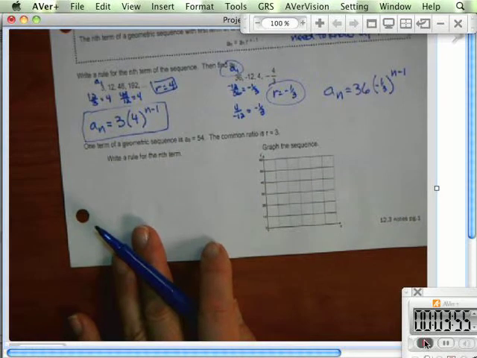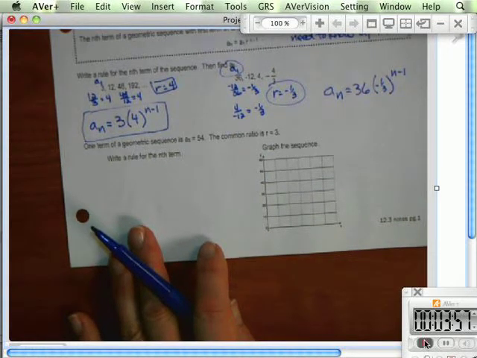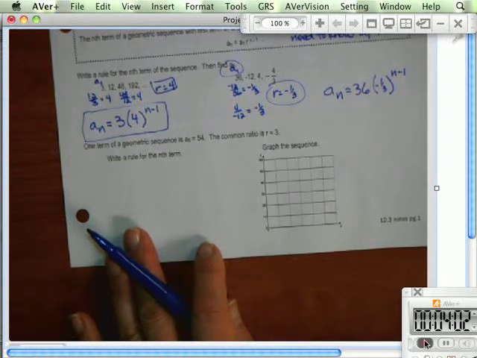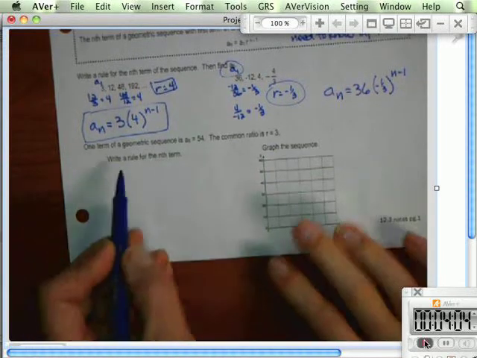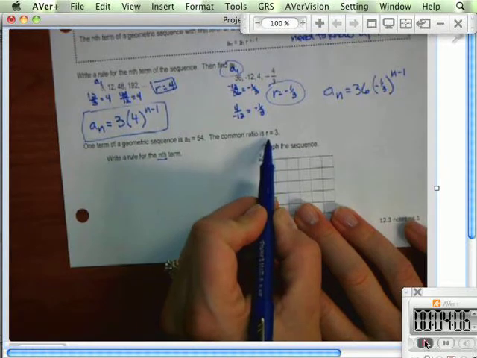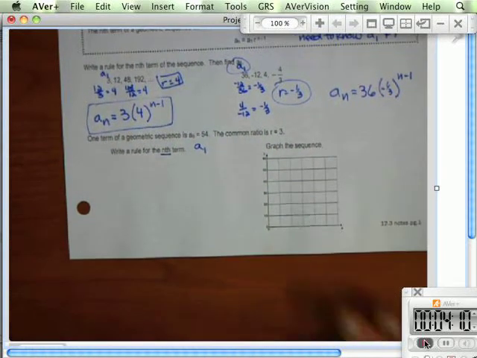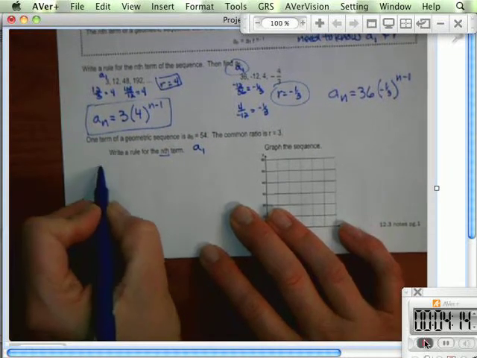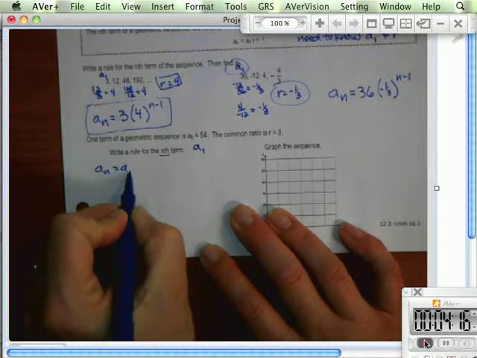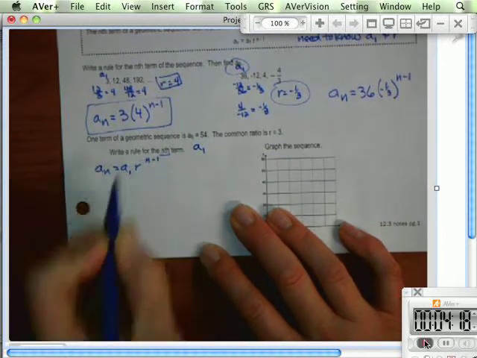One term of a geometric sequence is A5 equals 54. The common ratio is R equals 3. Write a rule for the nth term. Well, they gave us R, but I don't have what? I don't have the first term, A1. So I got to figure that out. Here's the general rule. I'm going to plug in what I know.